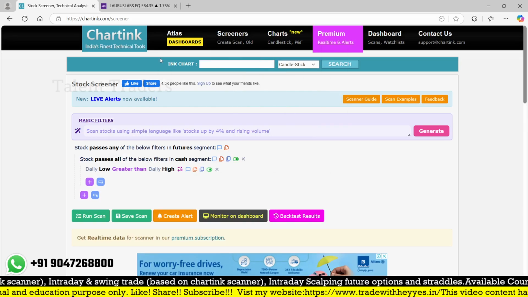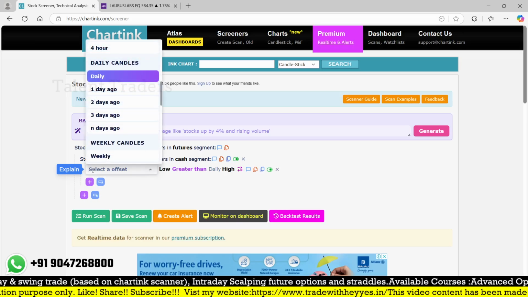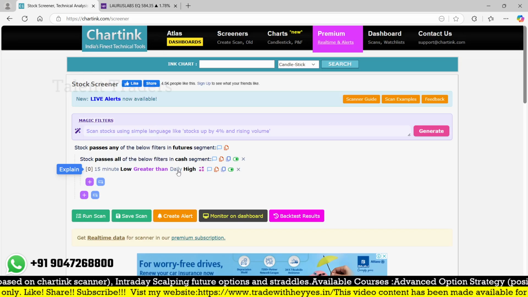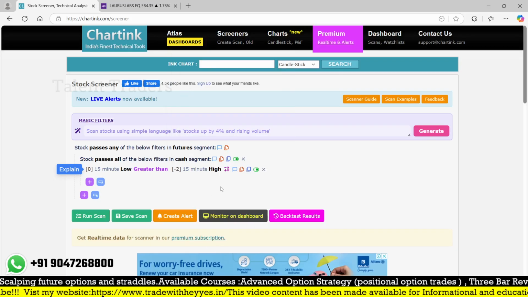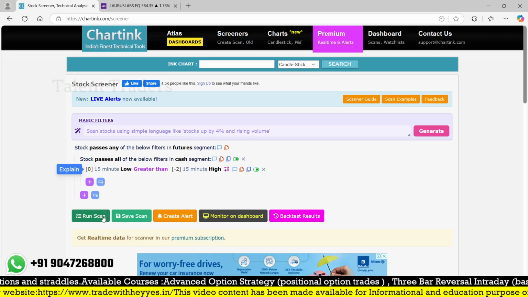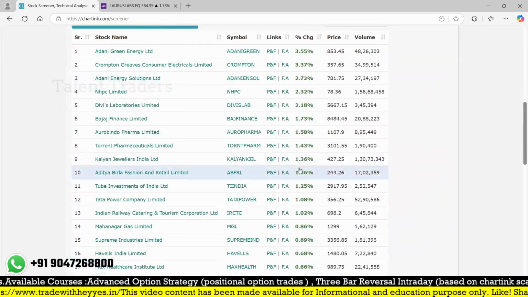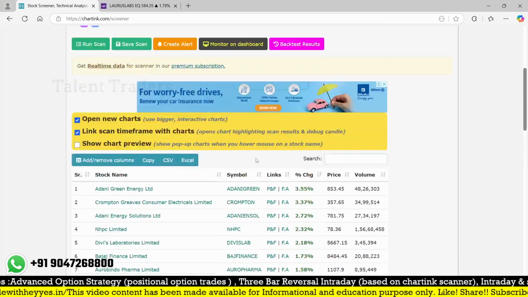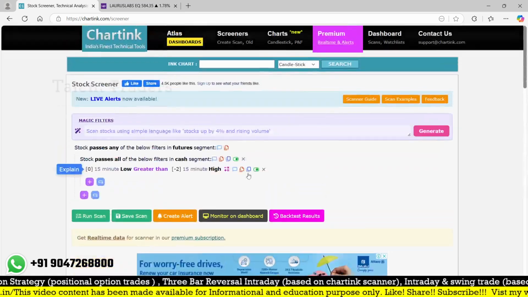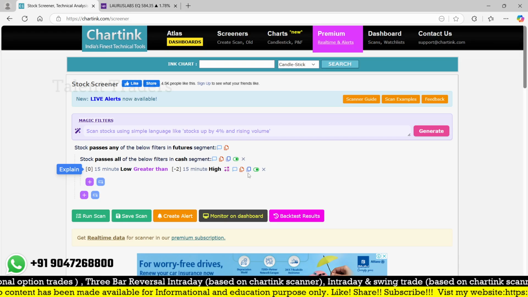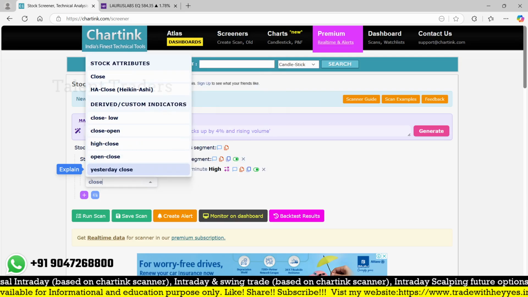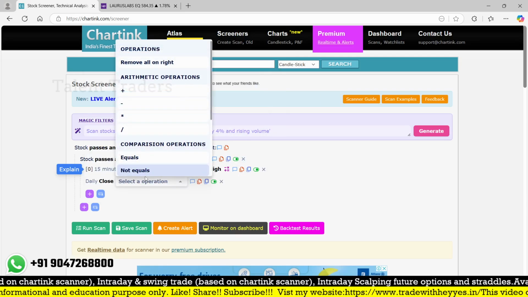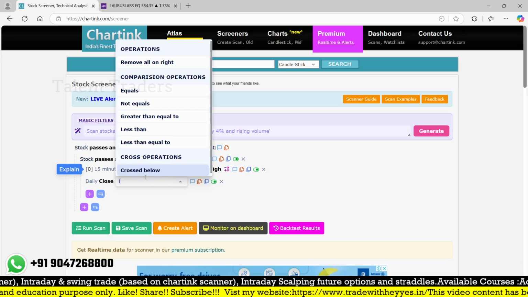I'm going to use the 15 minutes time frame, so the current 15 minutes and the 15 minutes of two candles ago. This will fetch you the fair value gaps in stocks; for example, these are all the stocks forming such a pattern. Then the second condition is that the close of that particular 15 minutes candle should be less than the open.